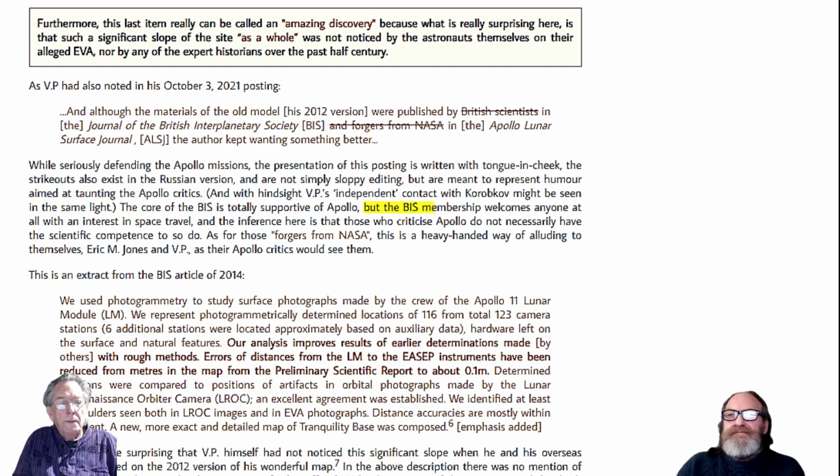But the BIS members welcome anyone with an interest in space travel. And the inference here is that those who criticize Apollo do not necessarily have the scientific competence to do so. As for the forgers from NASA, this is a heavy-handed way of alluding to themselves, Eric M. Jones and VP, and their Apollo critics would see them.